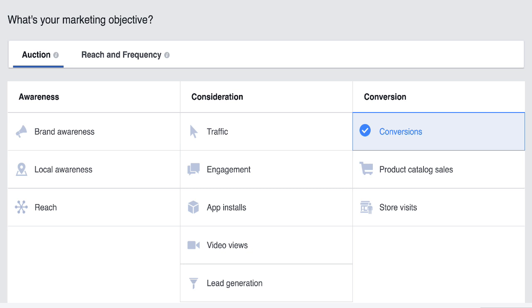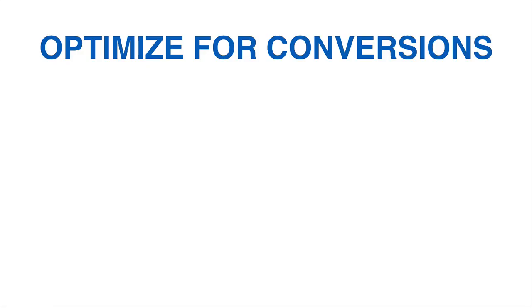I want my ads to generate money for me. So this objective with Facebook ads is the absolute best when it comes to getting conversions on your site. But there are some caveats to it, and there are a couple of things that you need to know about this objective. So we're going to go over a couple of points.